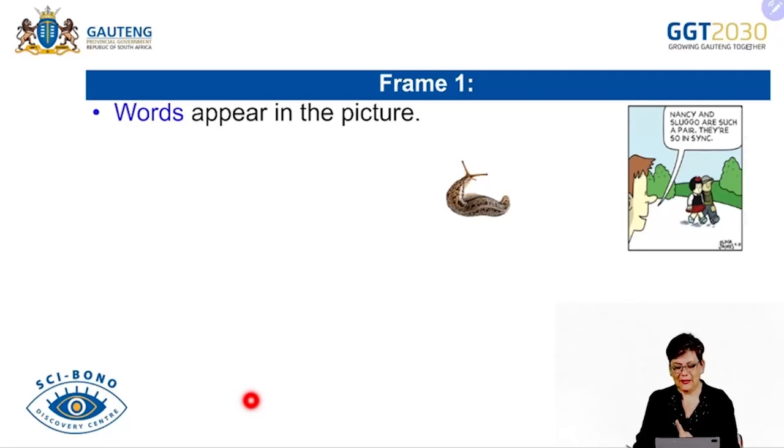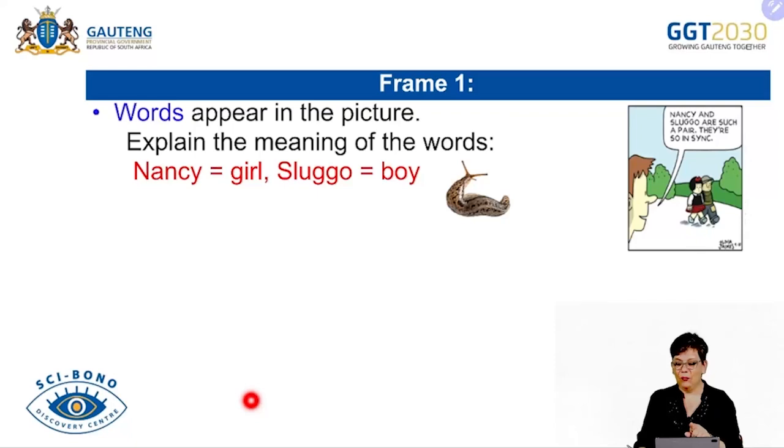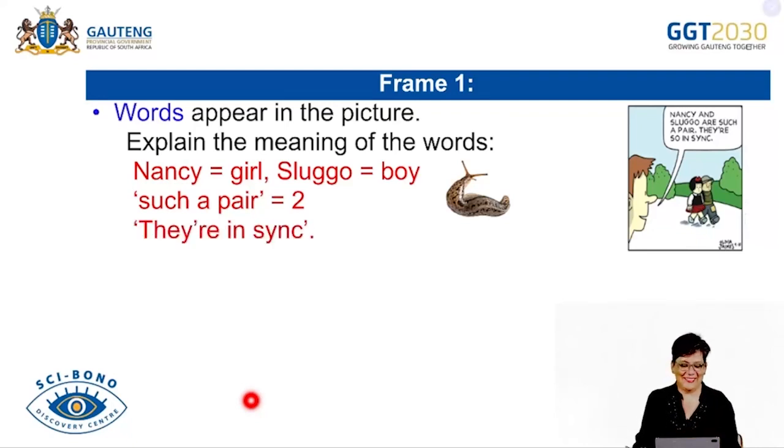Now, let's look at the words. There are words. Let's explain these words quickly. We know that Nancy is the girl and Sluggo is the boy. This is just funny. It says that they are such a pair. A pair obviously means two. They are two people. That's clever.